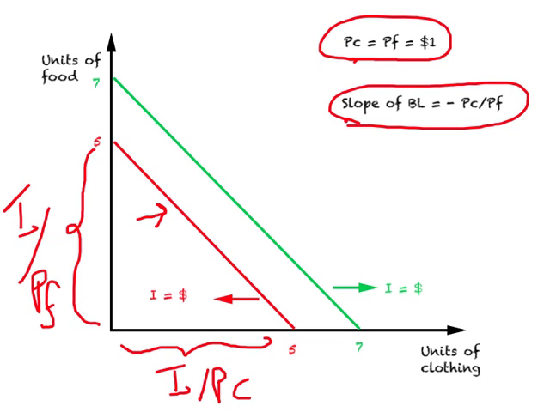Now based on this information, that is PC equals PF equals $1, and if you have this red line which is defined at 5 as your budget line, what income does it imply? It implies $5 as income. Now suppose you are given the green budget line and the price of clothing still equals the price of food, which is $1.